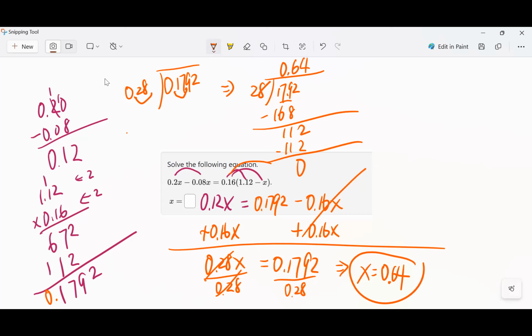And we could double check it, right? If you want to, we could definitely check this. So 0.2 times 0.64 minus 0.08 times 0.64. And on the right, we get 0.16 times 1.12 minus 0.64. Not enough space, so 1 second.